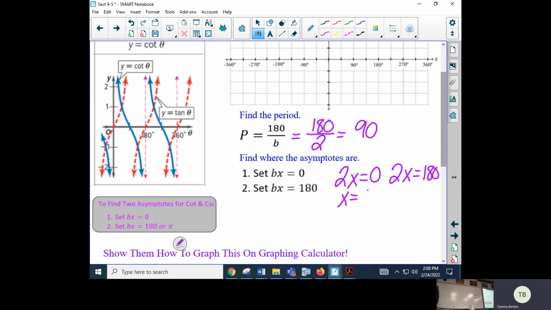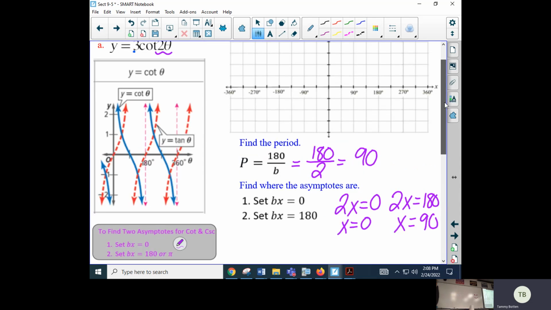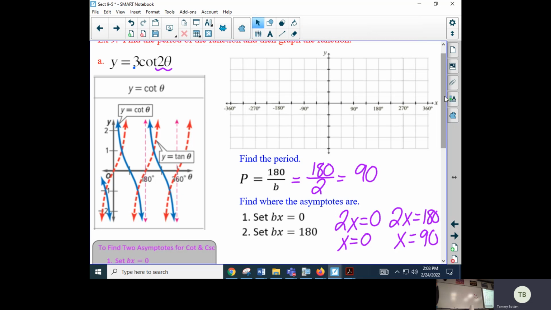Here you're going to get 0, and here you're going to get 90. This tells us where our asymptotes are. Once you find that out, you're going to have one here, so pretty much everywhere we just marked with the period.